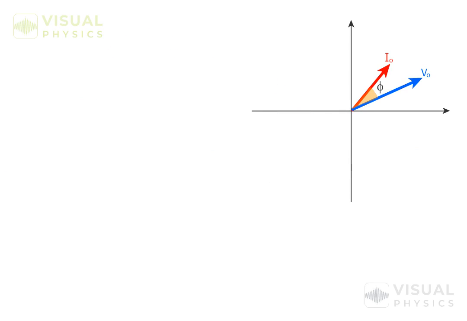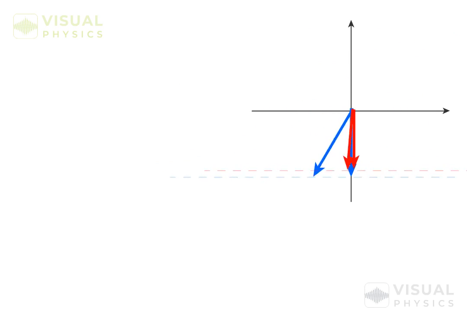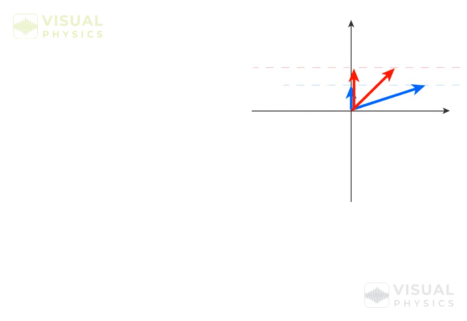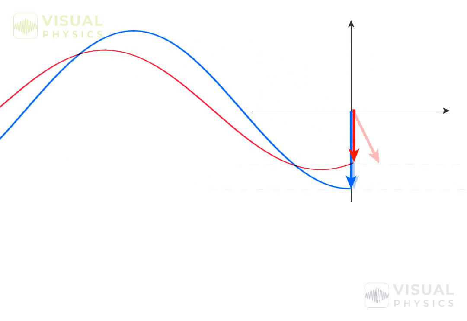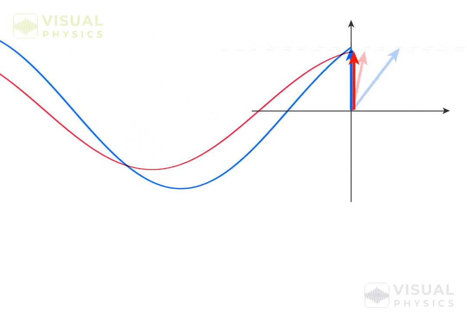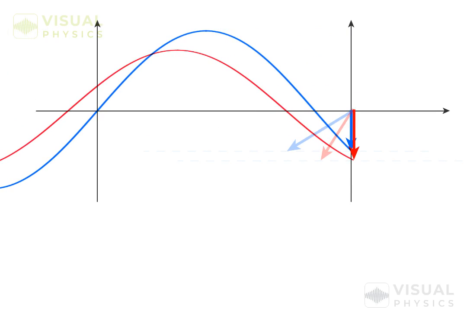If current leads voltage by a phase phi, then the amplitude vector of current is ahead of the amplitude vector of voltage by a phase phi. And graphically, current will be shifted towards the left by a phase phi.